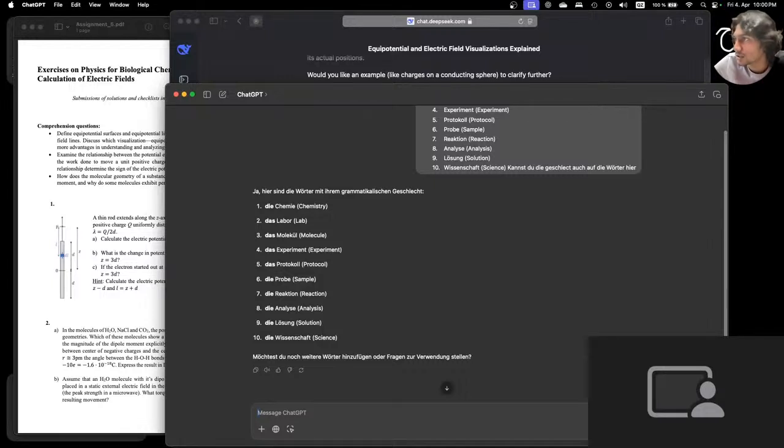Die Chemie, das Labor, das Molekül, das Experiment, das Protokoll, die Probe, die Reaktion, die Analyse, die Lösung, die Wissenschaft. Möchtest du noch weitere Wörter hinzufügen oder Fragen zur Verwendung stellen?